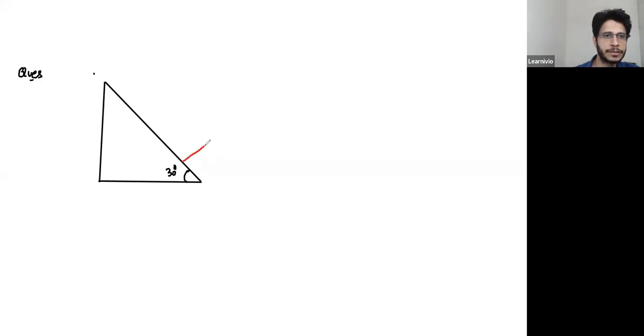I place this body here, a body of 10 kg. Say the height of this plane is 10 meter.